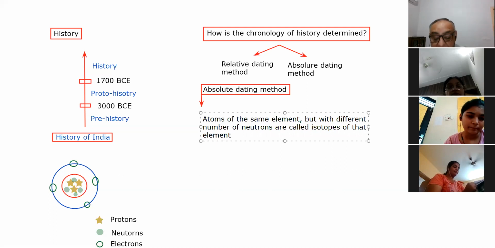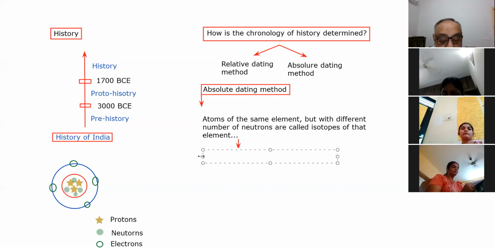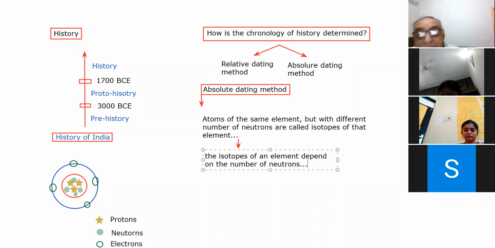So the isotopes of an element depend on the number of neutrons, because हम न्यूक्लियस पे फोकस कर रहे हैं, यहाँ इलेक्ट्रॉन्स का कोई रोल नहीं है.